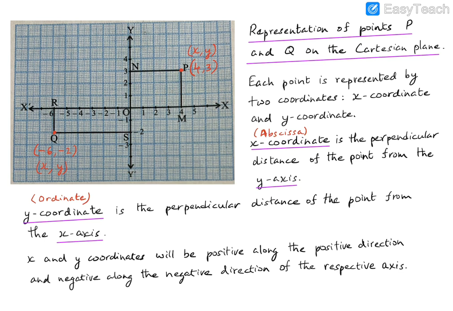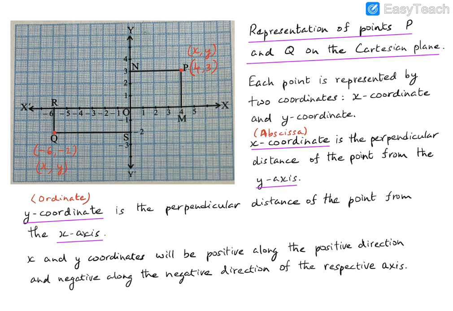The x coordinate is called the abscissa, and the y coordinate is called the ordinate. So 4 for the point P is the abscissa, and 3 for the point P is the ordinate. Similarly, -6 is the abscissa for the point Q, and -2 is the ordinate for the point Q. Okay, so that's another name basically for the x and y coordinates.